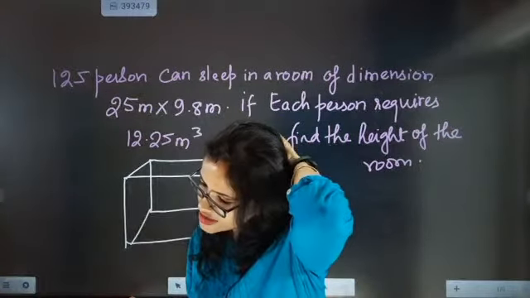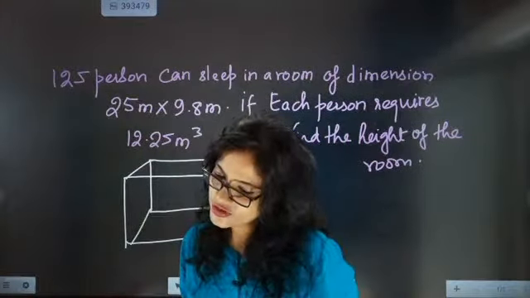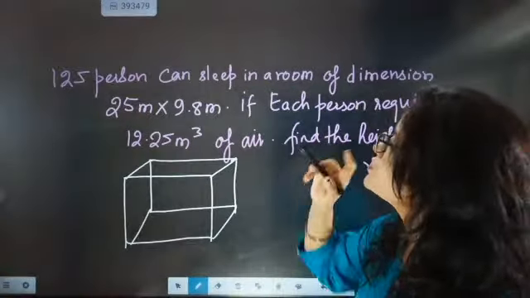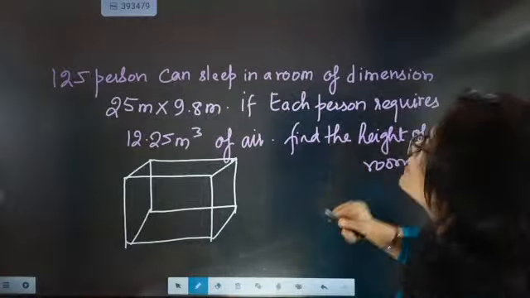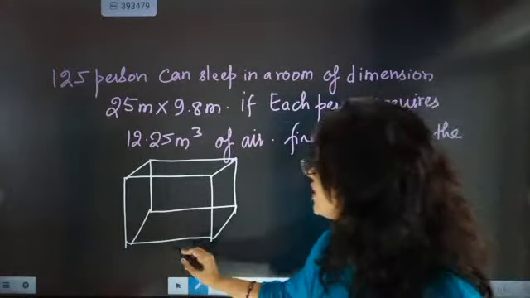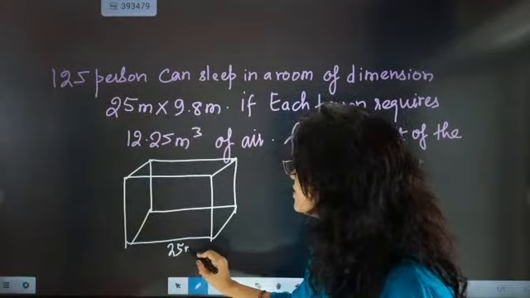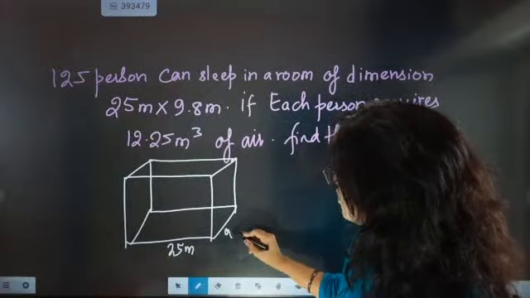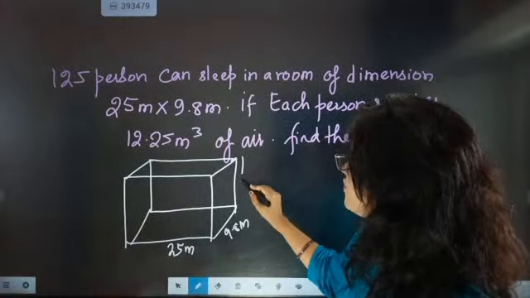Exactly how much is it coming? 6.25 meter. Very good, Shika. Let's see this one. Here 125 persons can sleep in a room of this dimension. Length of the room is 25 meter, width of the room is 9.8 meter. Now the height we have to find.